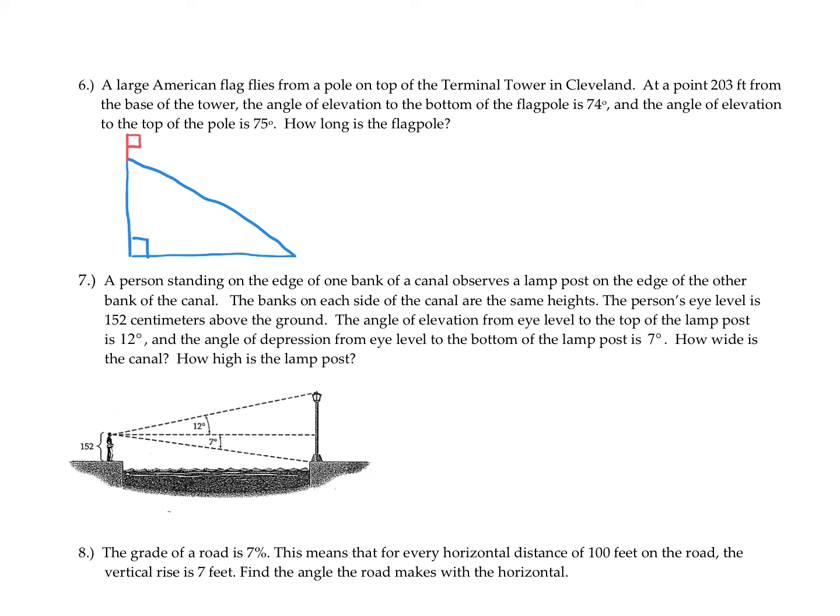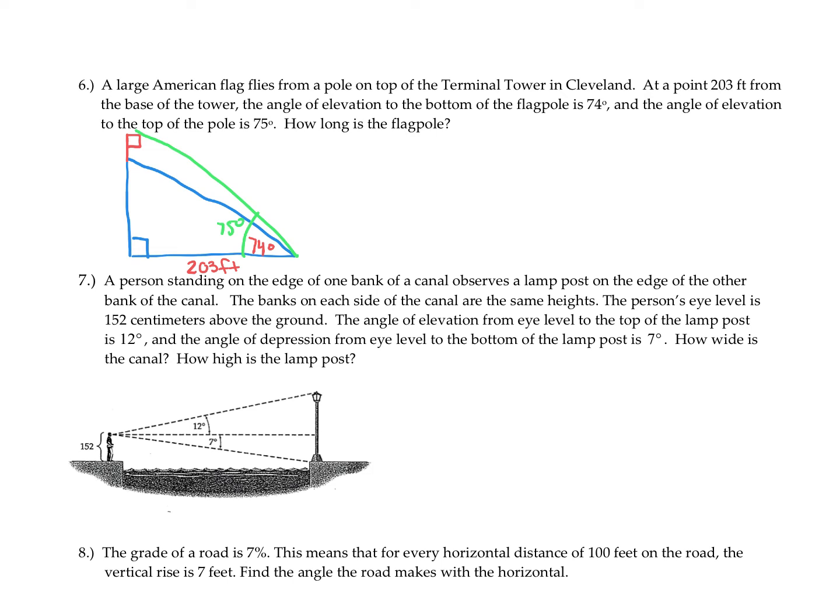At a point 203 feet from the base of the tower, so this is 203 feet, the angle of elevation to the bottom of the flagpole is 74 degrees. The angle of elevation to the top of the flagpole is 75 degrees. So this guy is 75 degrees. How long is the pole?